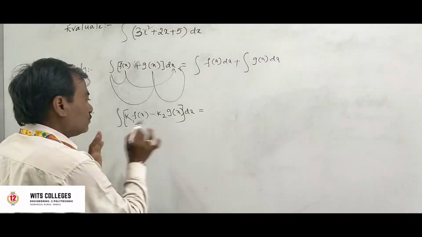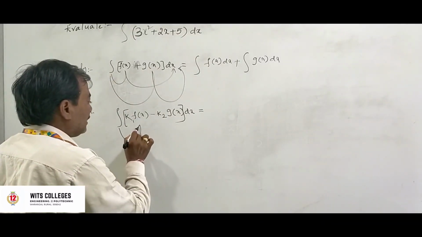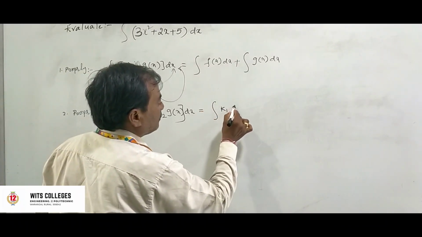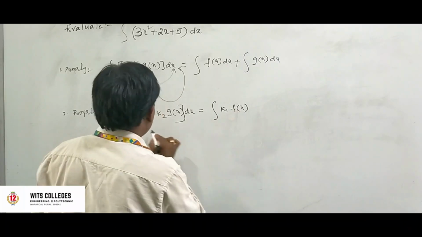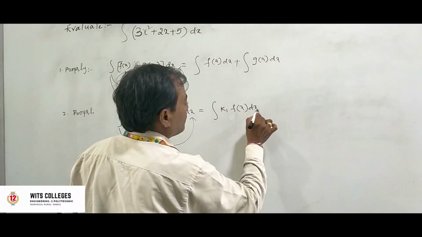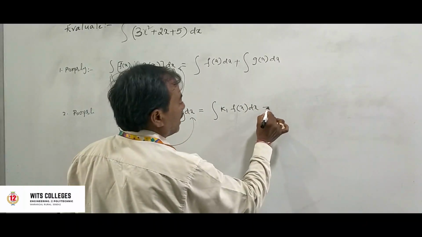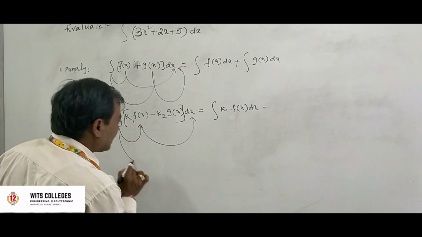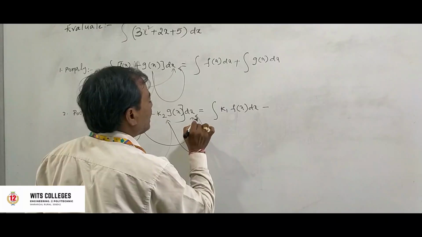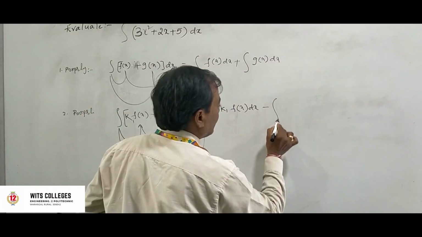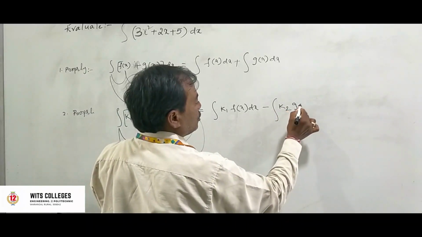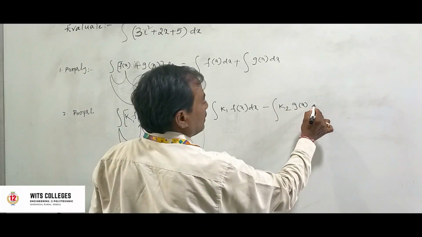So first we write the integral of this function, integral k1 f of x dx, and minus, then we write integral k2 g of x dx.